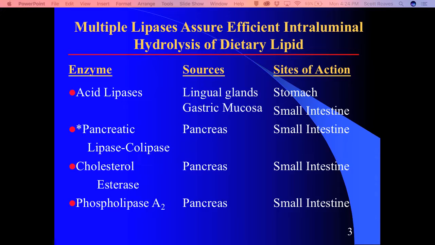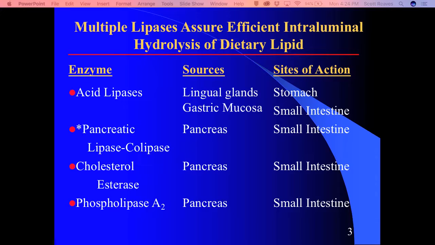Nothing happens on the surface of the intestinal cells. It's basically coming from the pancreas, and we have some coming from the stomach and some coming from the mouth as far as the lipase activity. So here are the major enzymes. The acid lipases are called lingual. This is lingual and gastric lipase.